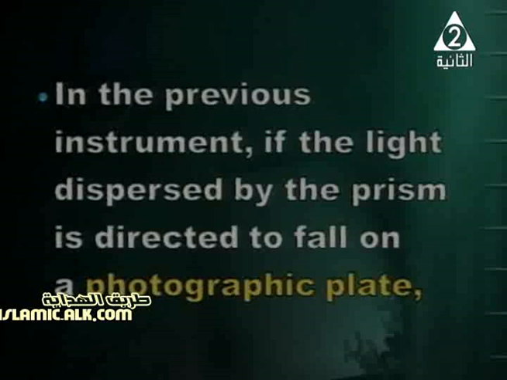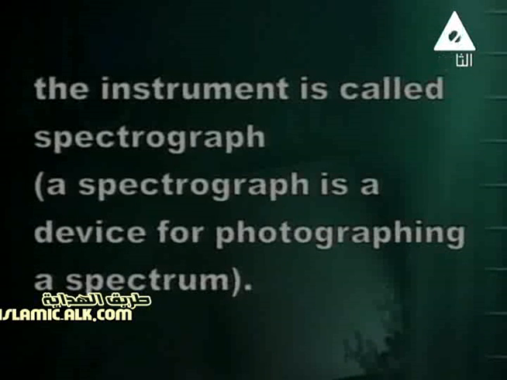In the previous instrument, if the light dispersed by the prism is directed to fall on a photographic plate, the instrument is called a spectrograph. So a spectrograph is a device for photographing a spectrum.